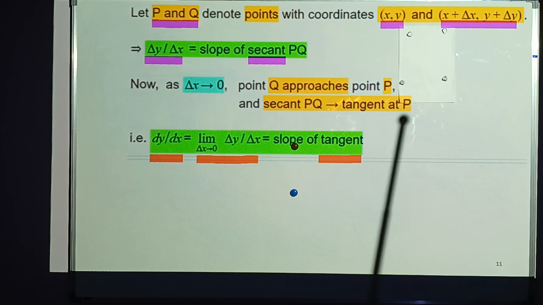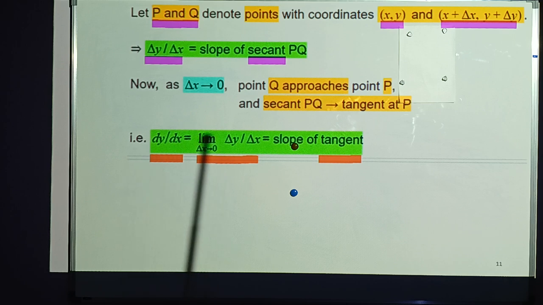Here it is defined at the point P. dy by dx is delta y by delta x in the limit delta x tending to 0. This is by definition of dy by dx, which is slope of tangent. And this dy by dx is called the derivative of the function, which is represented as y equal to f of x. So the geometrical interpretation of derivative dy by dx is slope of the tangent.